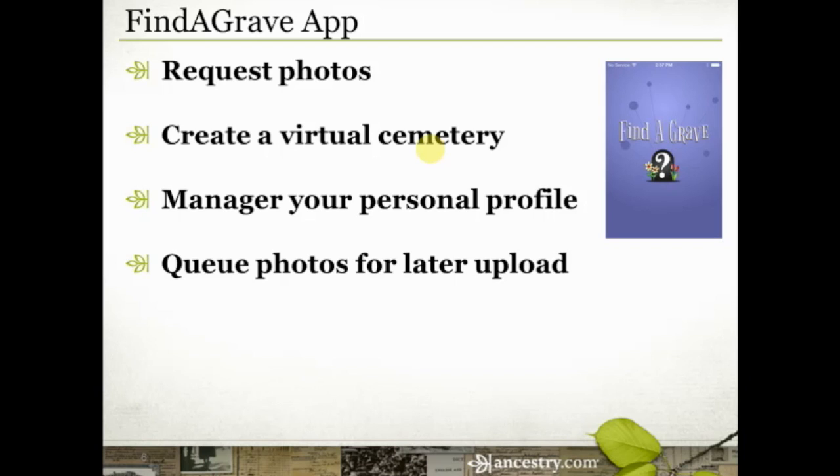And so it's great that you're uploading things to your tree, or that you're putting your notes into Family Tree Maker. But every once in a while, maybe download your relatives into a spreadsheet, or put them into a timeline, or stick them on a map. Again, looking at things in a different way can help you see things you might not have seen before, and very often has helped me break through some of those brick walls. And so a virtual cemetery kind of functions in a similar way for genealogists, where it's just another way to look at the data.